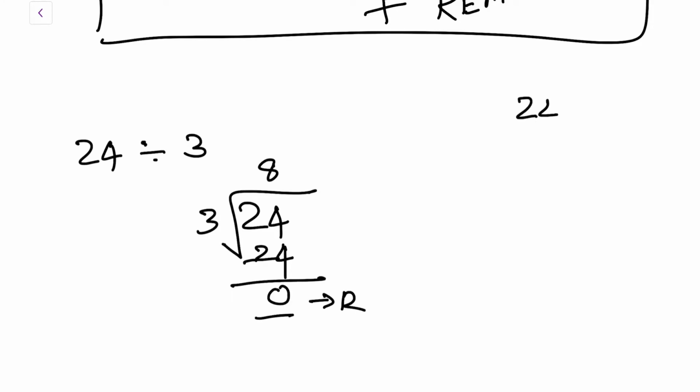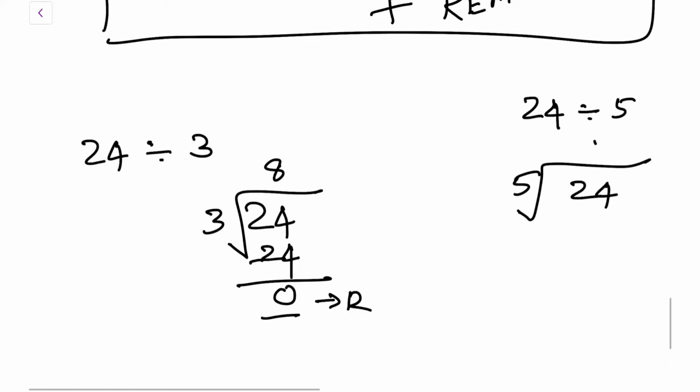Whereas if you take 24 divided by 5, 5 into what is 24? We know 5 into 5 is 25, but 25 is more than 24, so we don't take 5 into 5. We go to the previous number, that is 5 into 4, which is 20. So 24 minus 20, 4 is your remainder here.